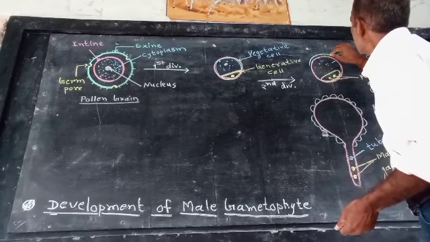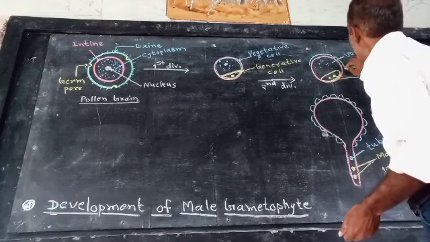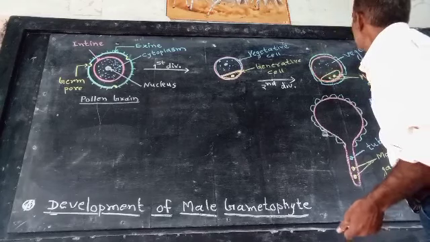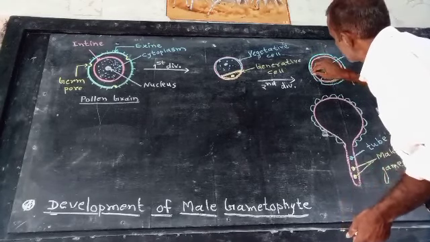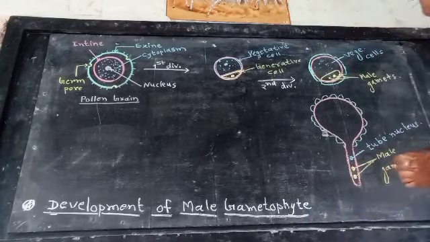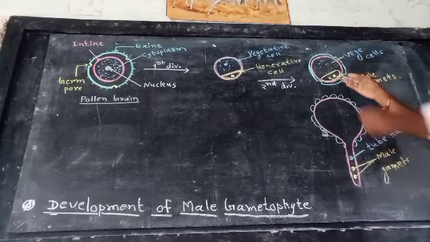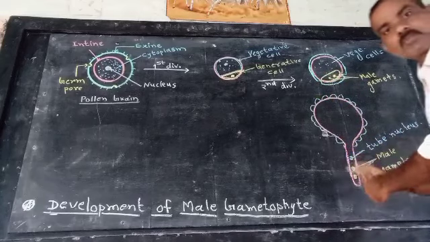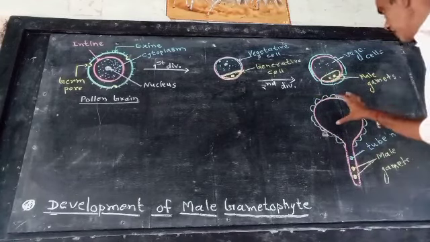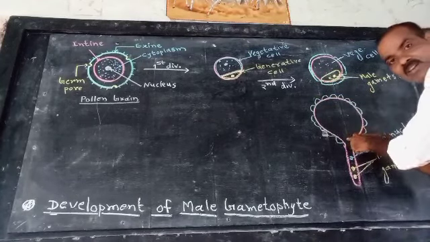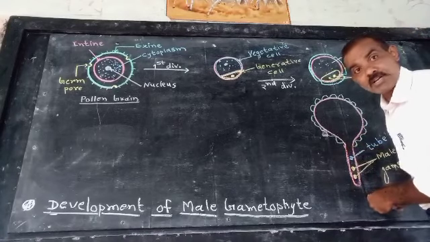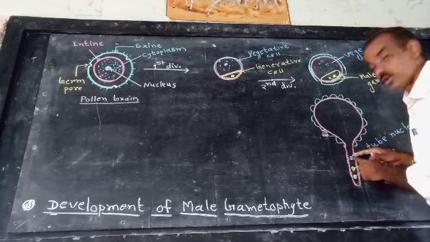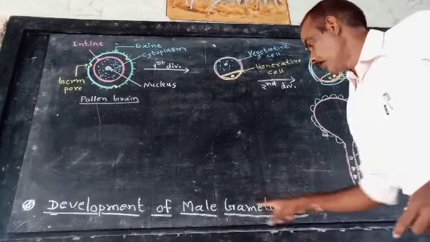Here the outer exine wall has a germ pore, not a continuous exine wall. Due to the pressure, the intine comes out through the germ pore and forms a pollen tube. Thus, the pollen grain having a pollen tube containing two male gametes and one tube nucleus is called a male gametophyte.